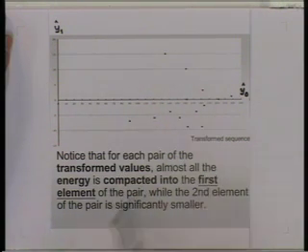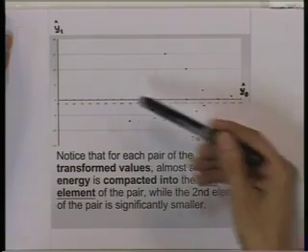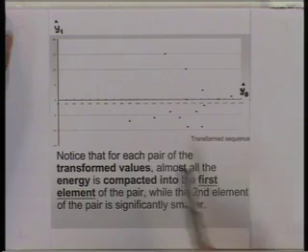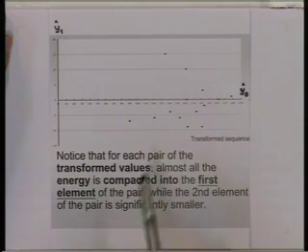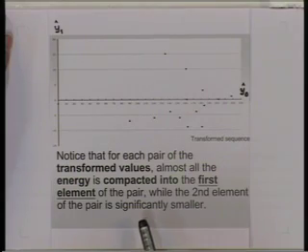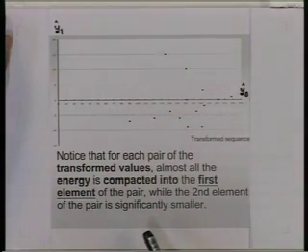Another observation is that now y0 and y1 are decorrelated. Another observation is that the distribution for y0 is very much different from that of y1.